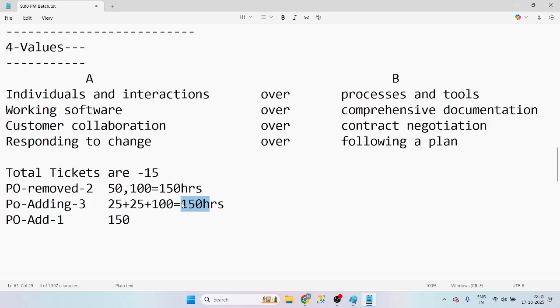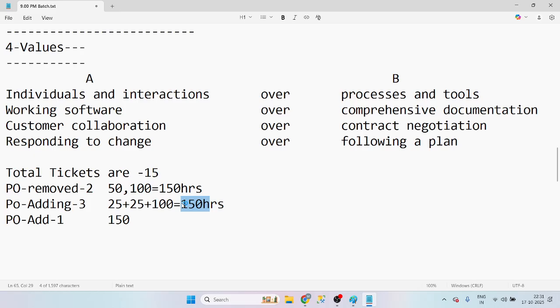Where you didn't understand? So basically, at the beginning 15 tickets were there. Then 2 tickets were removed. So 50 plus 100 is equal to 150. That is about those 2 tickets, right?